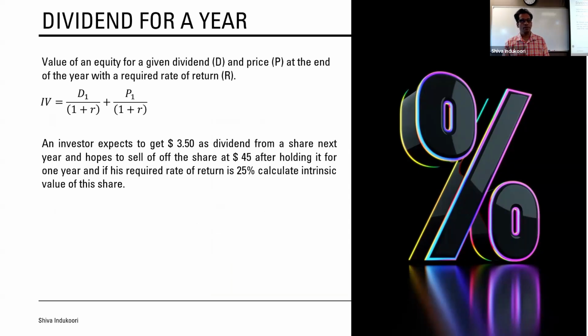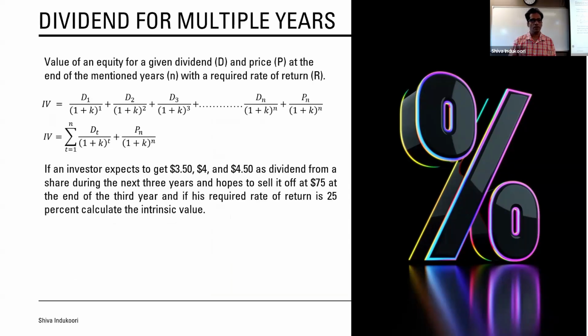Let us see one more formula. In all the formulas, you see the discount rate is K. In the case of bonds, it is merely interest rates, current interest rates, market interest rates or benchmark interest rates.